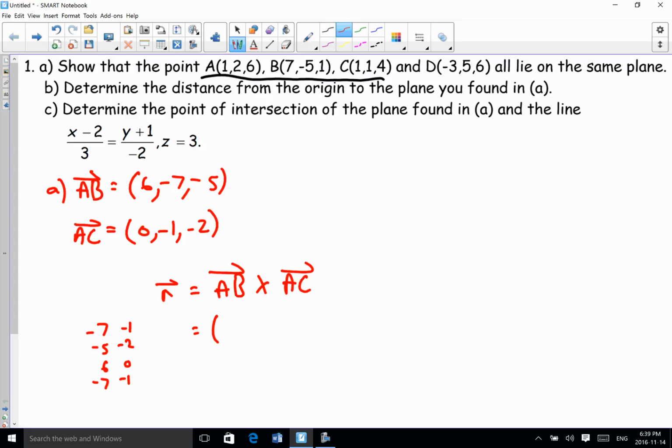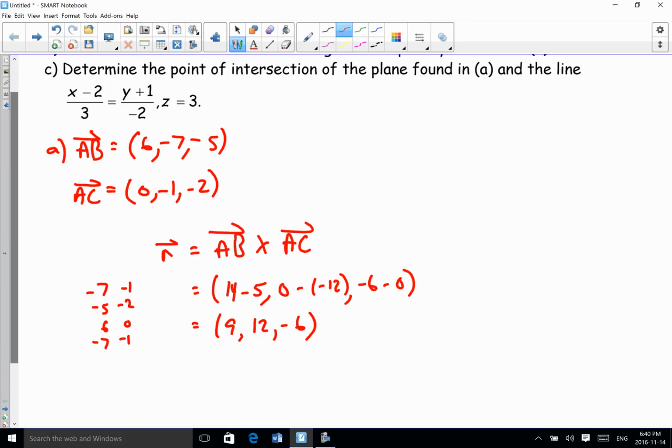And cross multiplying, -7 times -2 is 14, minus 5, 0 minus -12, and -6 minus 0 gives us a normal of 9, 12, and -6. Now you can use those numbers if you want to, or if you want to make it a little bit easier to work with, you could reduce them, divide them all by 3, so 3, 4, -2. That's what I did for my answers.